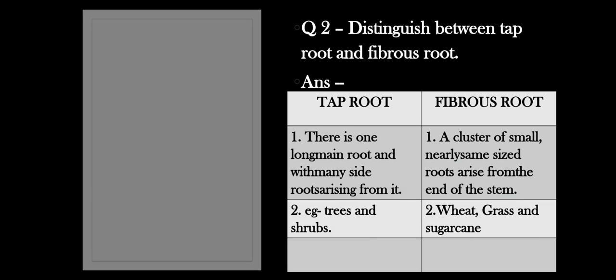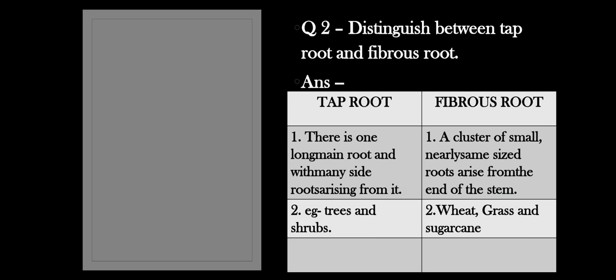First point, there is one long main root and with many side roots arising from it. For example, trees and shrubs.